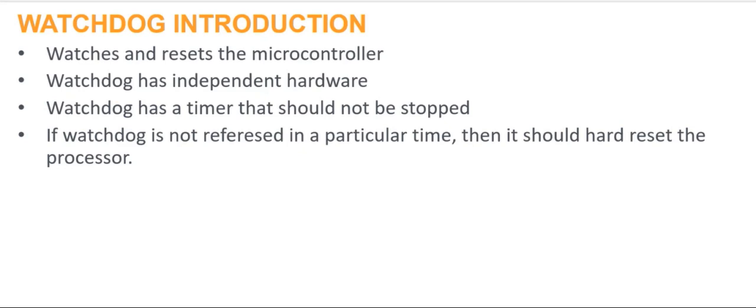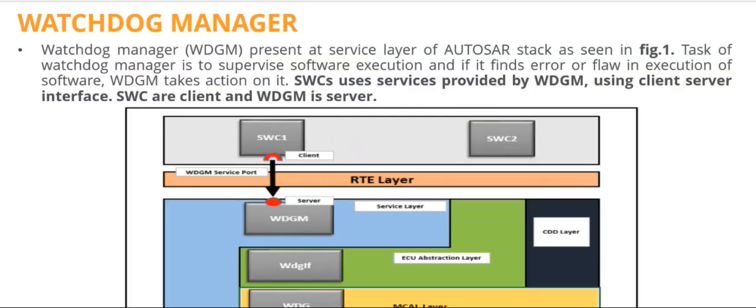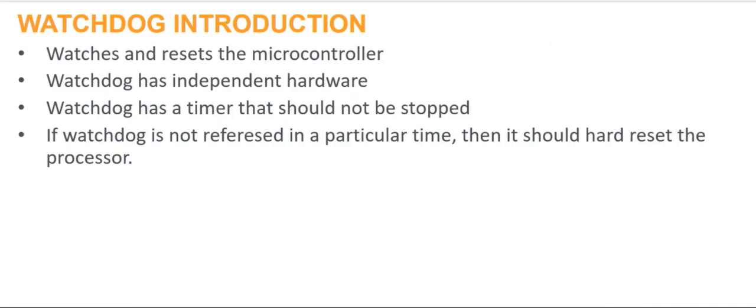Now, coming more into what the watchdog timer actually is. It is a piece of hardware used to automatically detect if the software has any problem, and it resets the processor if any problem occurs.